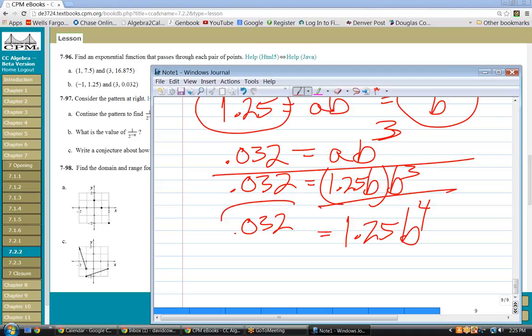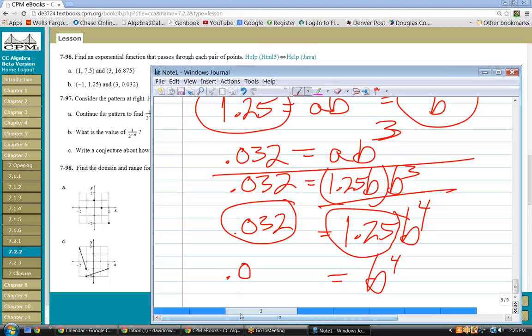So what is this number divided by that number equal to? 0.0184.